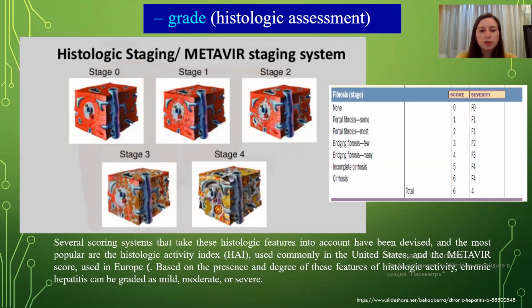Several scoring systems that take these histological features into account have been devised, and the most popular are the histologic activity index, used commonly in the United States, and the METAVIR score used in Europe. Based on the presence and degree of these features of histologic activity, chronic hepatitis can be rated as mild, moderate, and severe.